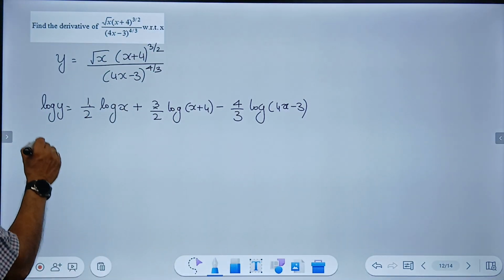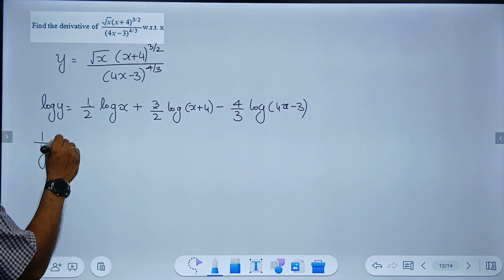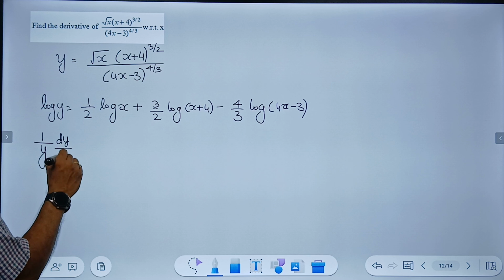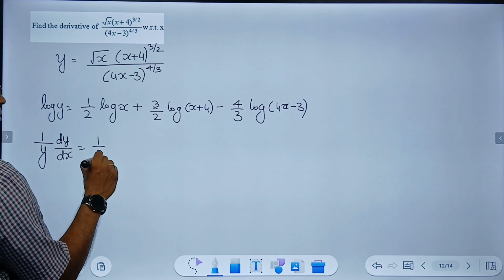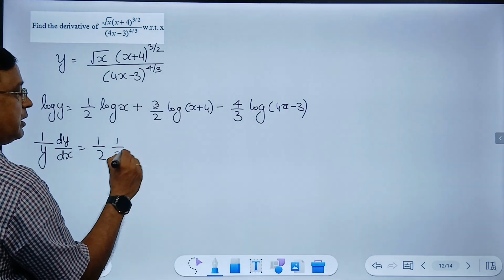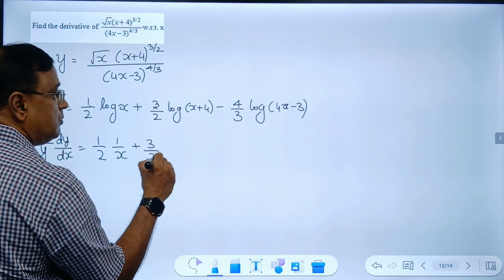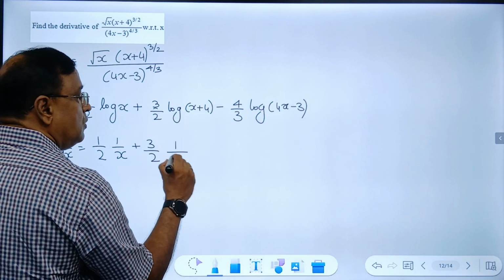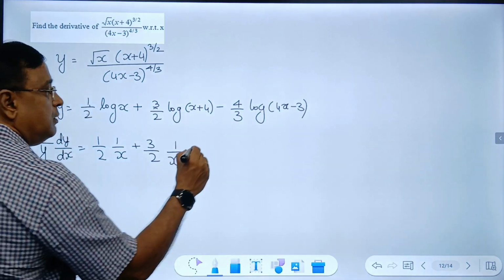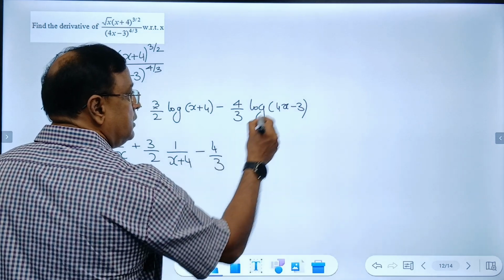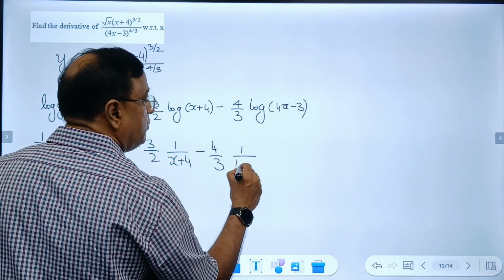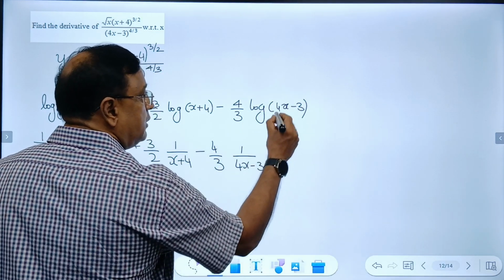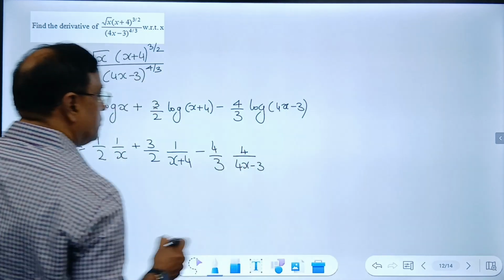What is the difference of log y? 1 by y dy by dx equal to 1 by 2. What is the difference of log x? 1 by x. 3 by 2 into what is the difference of log x plus 4? 1 by x plus 4 minus 4 by 3. Differentiation of log will be 1 by 4x minus 3. Differentiation of 4x minus 3 is 4.